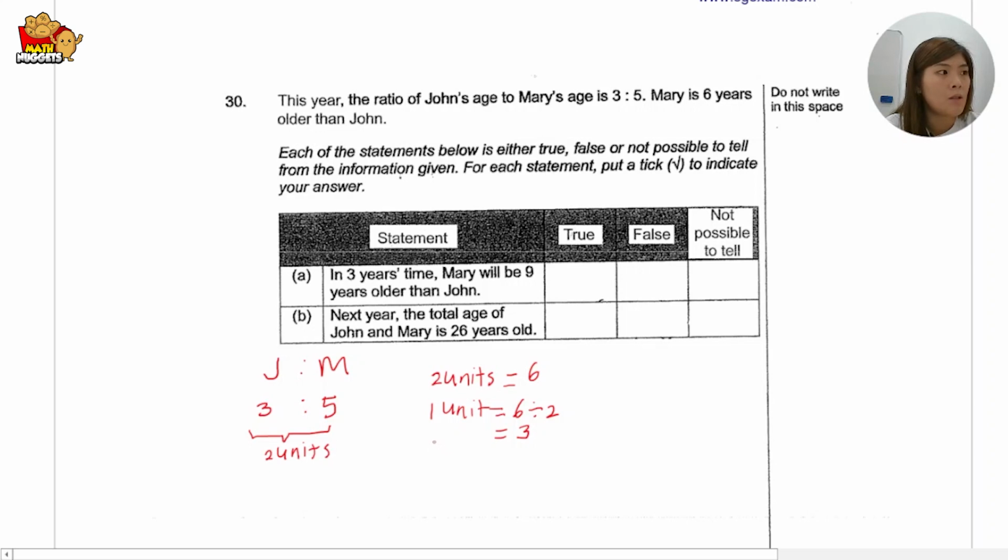Okay, look at the first statement. The first statement says that in 3 years time, Mary will be 9 years older than John.